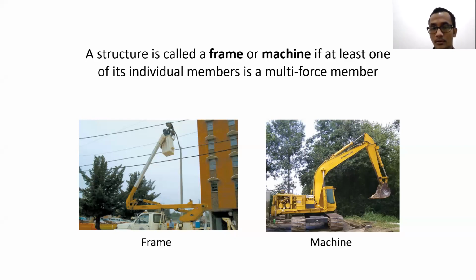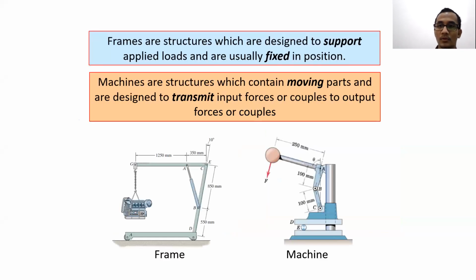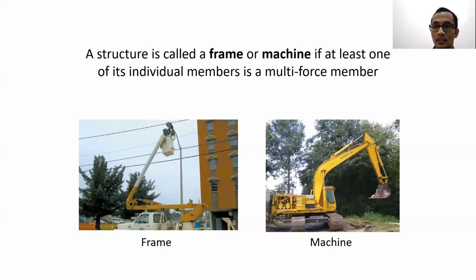In the truss, all the members are supposed to be two-force members, but in a frame and machine, if you find at least one non two-force member, or multi-force member, then it must be either a frame or a machine. So the definition is: if a structure has at least one multi-force member, we call it a frame or machine.